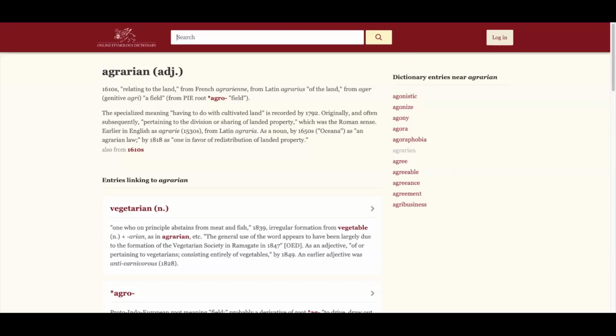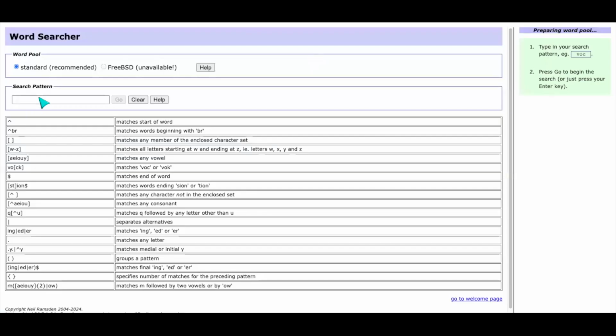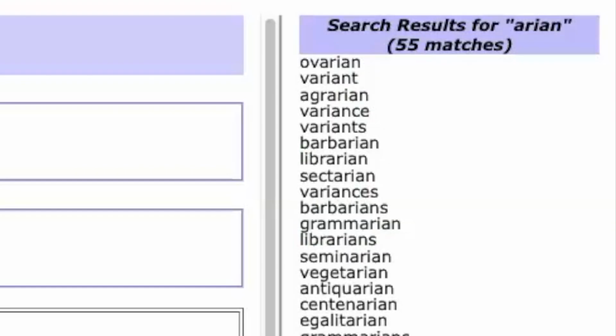Now, for those of you who are used to using the word searcher tool, you can also look up the ARIAN piece of vegetarian to see if anything else comes up. And you get a whole bunch of things, but it doesn't necessarily tell us that it's functioning in the same way.